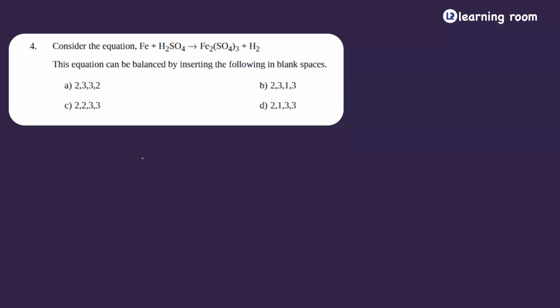Let's look at it. If you have got Fe plus H2SO4, you get what? Fe2(SO4)3 plus H2, right? Sulfate, here you have got 3 sulfate. Here you have got only 1 sulfate ion. Yes or no? And you have got 2 Fe ions. Here you have got only 1. So 3 sulfate ions, 3 H2SO4.